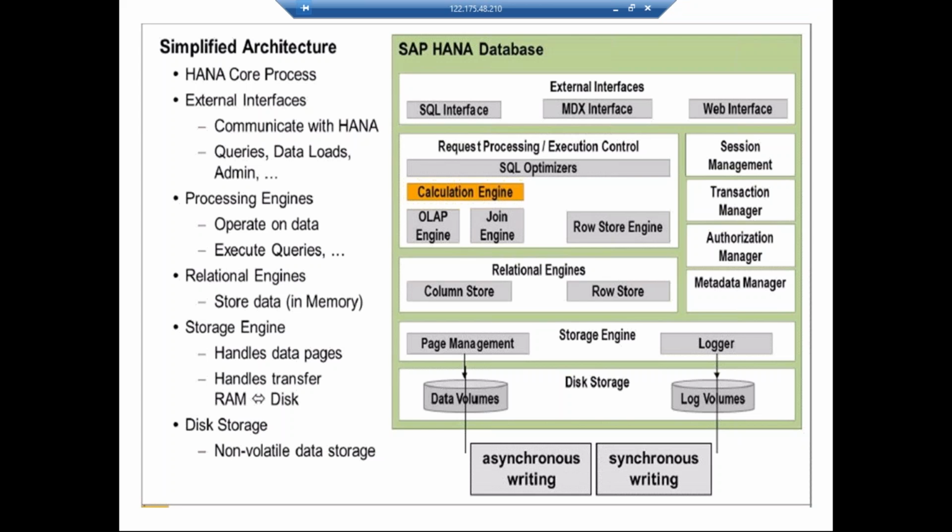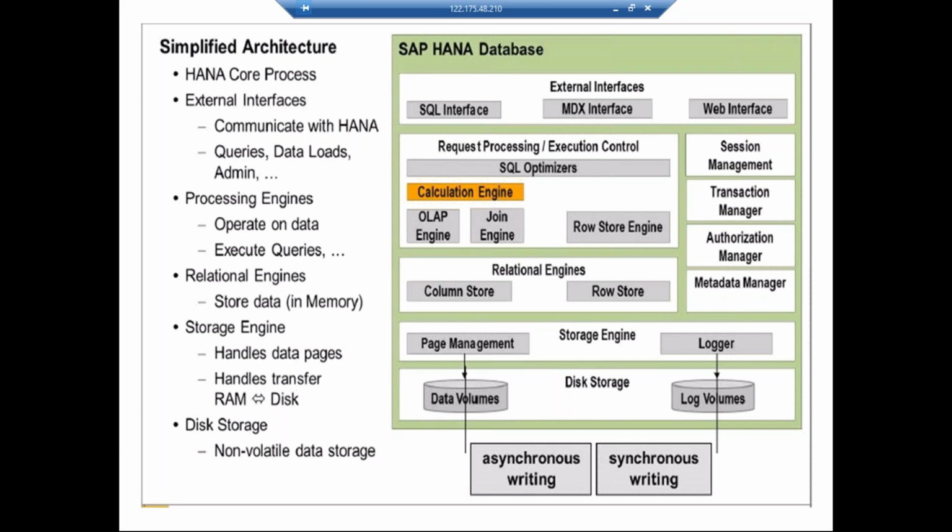Now let us look at storage, how it happens and how these storages are handled by SAP in the HANA database. As I told you earlier many times, in SAP HANA never assume that data will be stored only in the memory, because if you store the data only in the memory and your system goes down for any reason, there's no possibility of getting the data back.